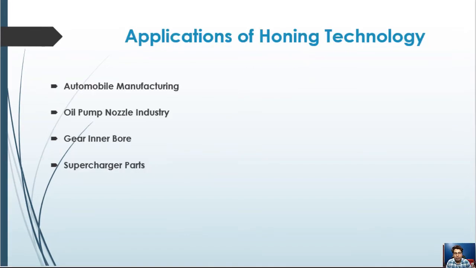Now coming on to applications of honing technology. This honing technology finds a wide range of applications in automobile manufacturing, oil pump nozzle industry, gear inner bore, and supercharged parts. We'll be discussing them one by one.